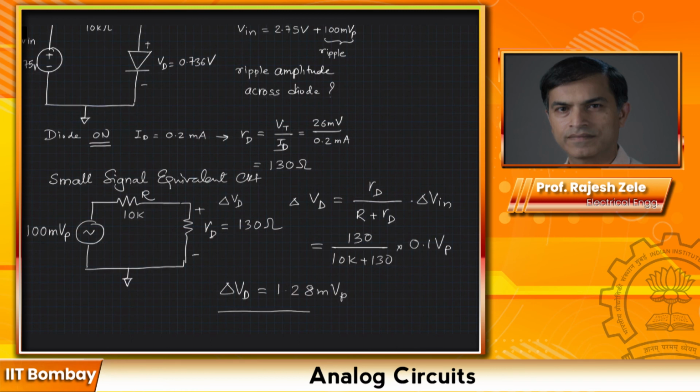You can also see that this value is much smaller than the VT value, so our small signal analysis should hold fairly well. Even though on the left side the delta V in seems like a large value, 100 millivolts peak, the delta VD across the diode is fairly small, 1.28 millivolts peak. Okay, thank you.